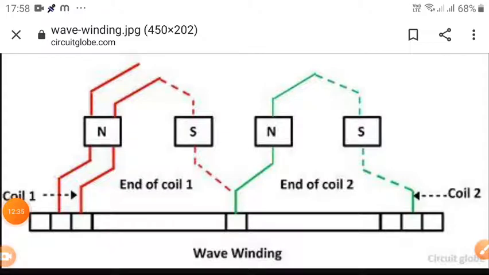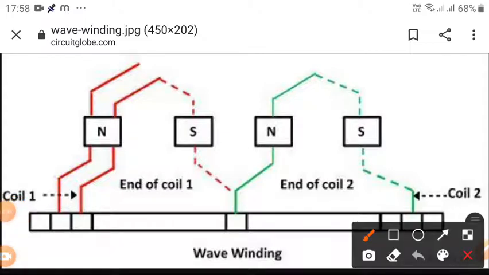Please remember that. Here this is the first coil, and these two are known as YB. If you observe in wave winding, YB is equal to YF. Sometimes the back pitch and front pitch are odd and equal, or differ by 2.